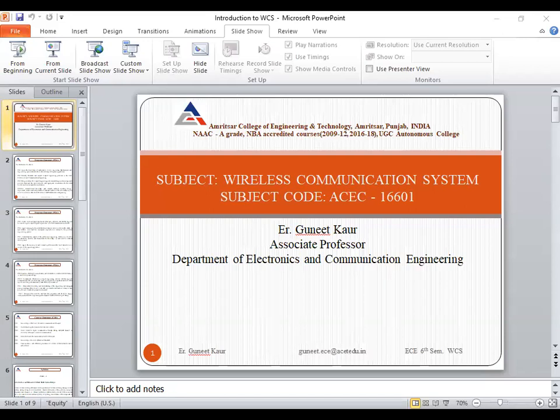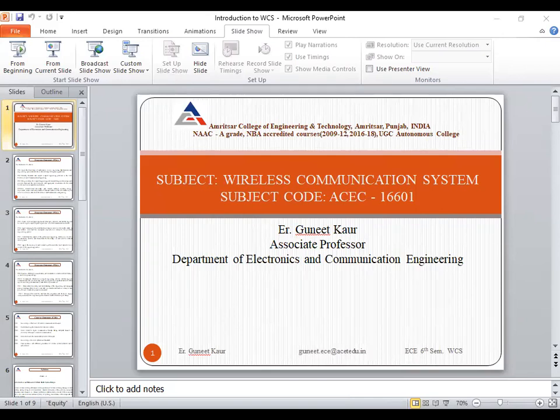Program outcome 4 is to use research-based knowledge and research methods, including design of experiments, analysis and interpretation of data, and synthesis of information to provide valid conclusions in the field of electronics and communication engineering.